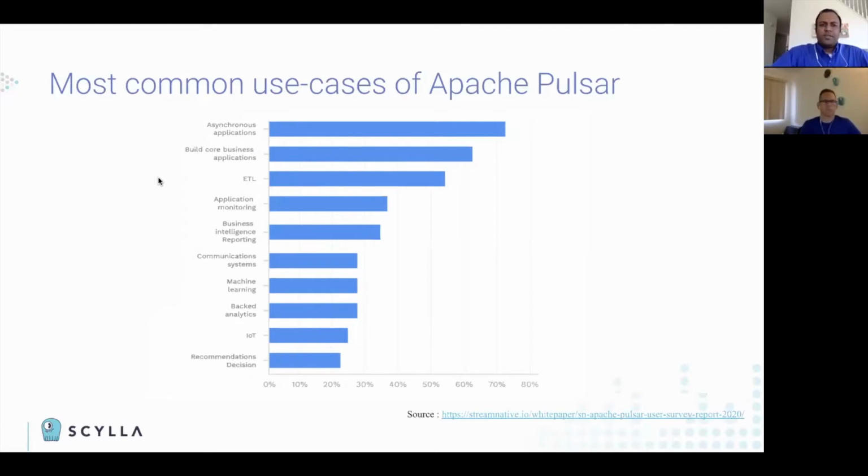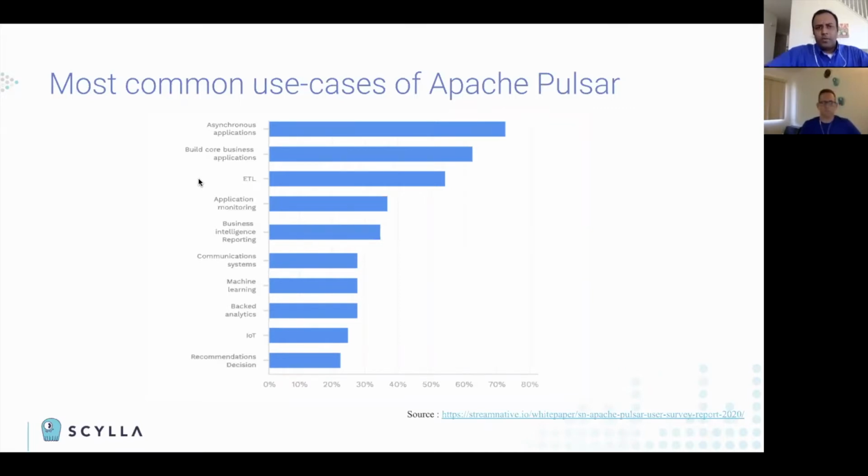All these different features enable these applications, and a survey which was done recently gives you a spread of how all these functions are being used, whether it might be ETL, application monitoring, or various core business applications or machine learning or IoT-backed applications which are being built.